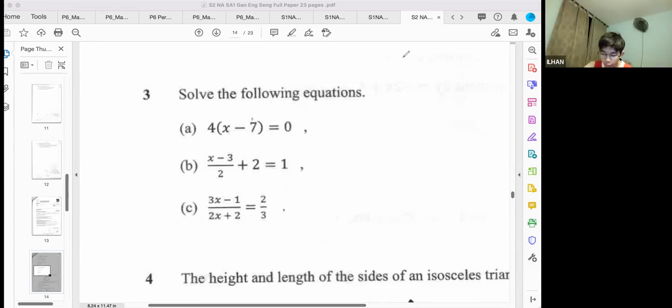The answer is not 3, right? X equals, no, not 3. Alright, because when I tried it out, it doesn't work.